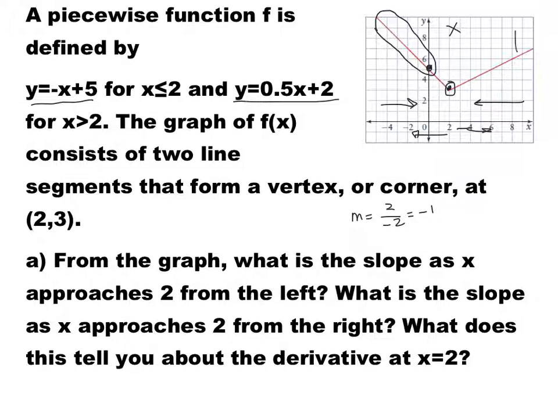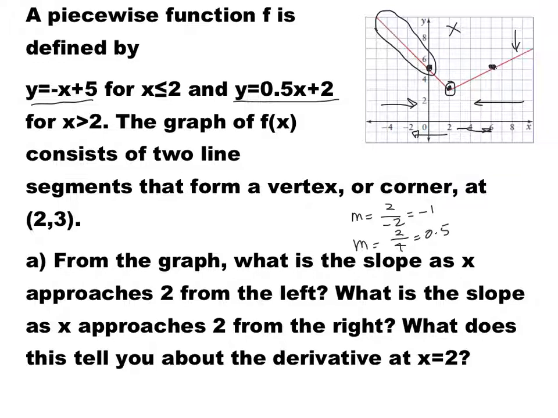If we look at this line, meaning if we move toward 2 from the right, and we pick two points, let's say this point and this point, the rise is 2 and the run is 4, positive. So the slope now becomes 2 over 4, which is 0.5.